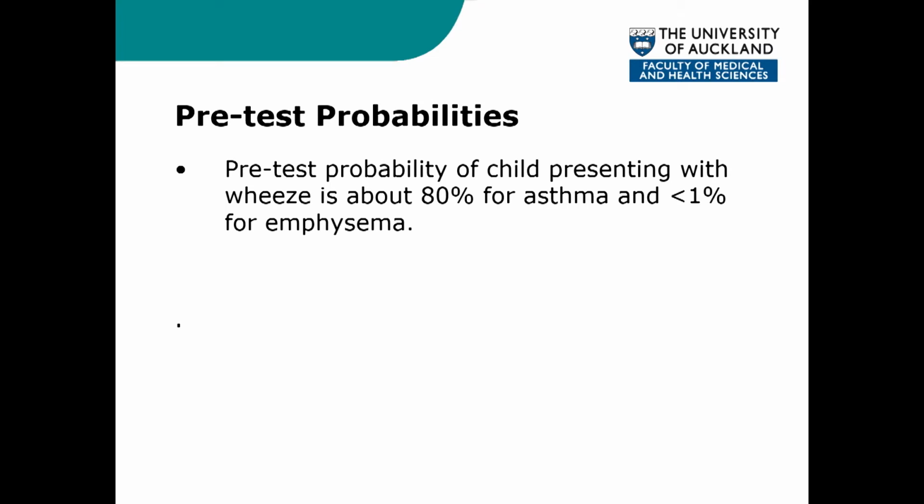So it's a high likelihood the child would have asthma or wheeze. So the pre-test probability of a child presenting with wheeze would be about 80% for asthma and less than 1% for emphysema. So there'd have to be extreme reasons why a child of 4 would have emphysema, perhaps some birth trauma or lung trauma when they were younger.